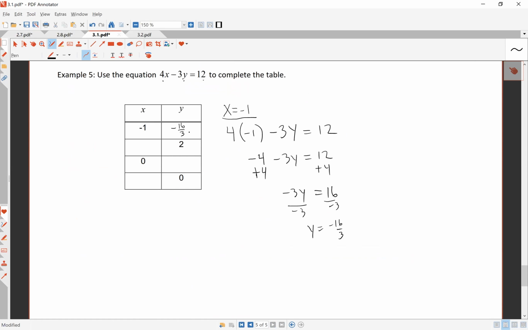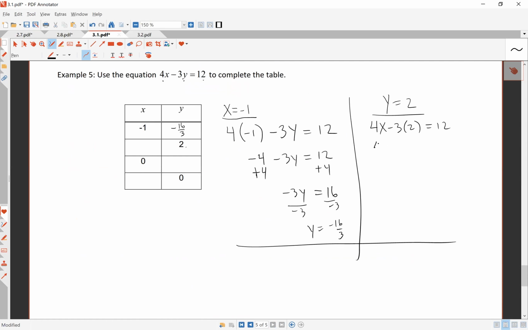If we set y equal to 2, then this time we'll have 4x minus 3 times 2 equals 12. 4x minus 6, we add 6 to both sides and get 18.